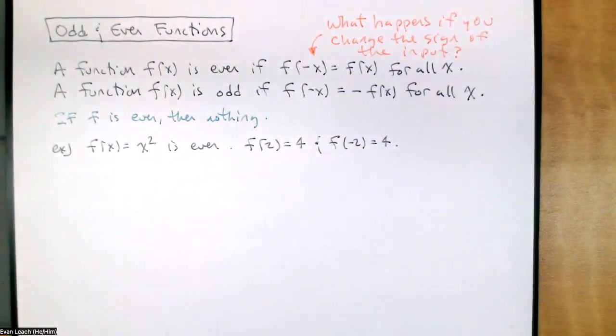If we change the sign of the input and that changes the sign of the output, then we get an odd function.